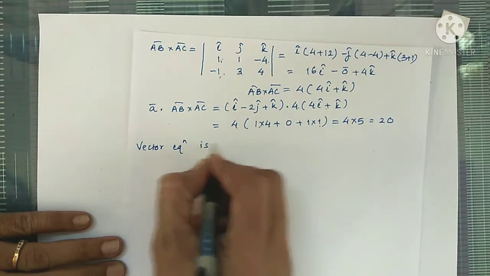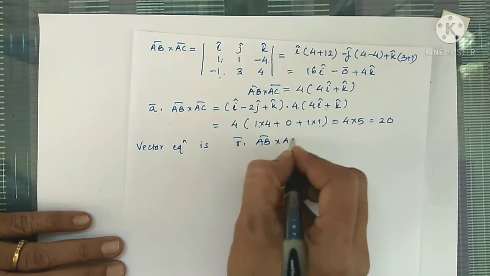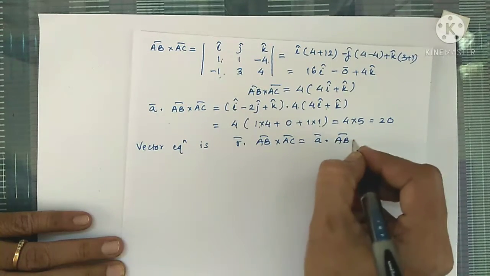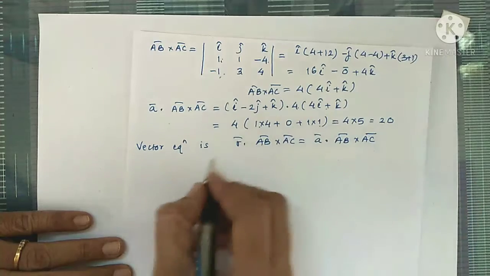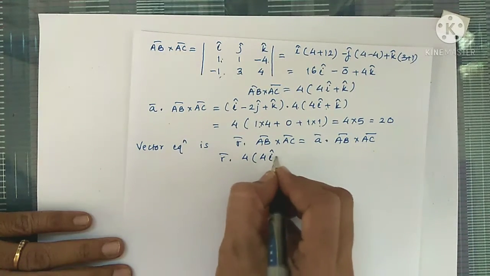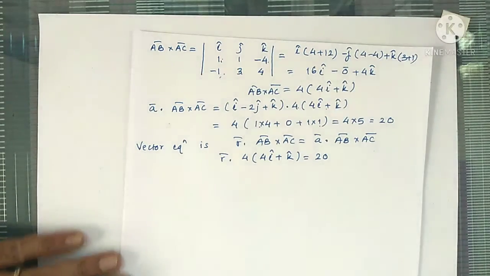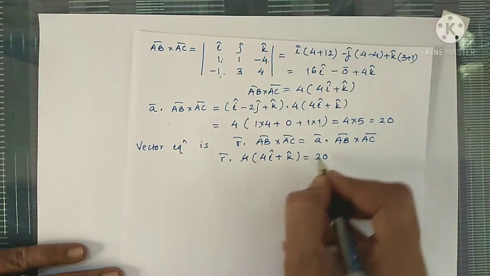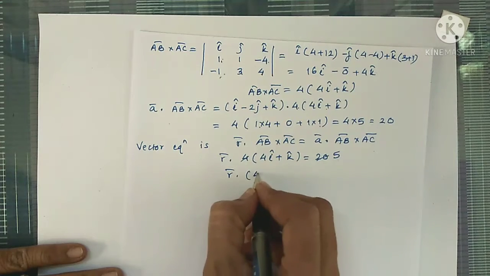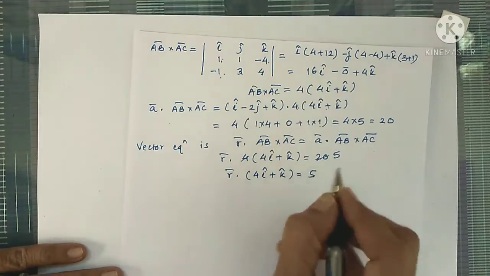Now the vector form of the equation of the plane. The vector equation is R bar dot AB bar cross AC bar equal to A bar dot AB bar cross AC bar. So R bar dot 4 into (4i plus k) equals 20. We can divide both sides by 4. So the vector form is R bar dot (4i cap plus k cap) equal to 5.